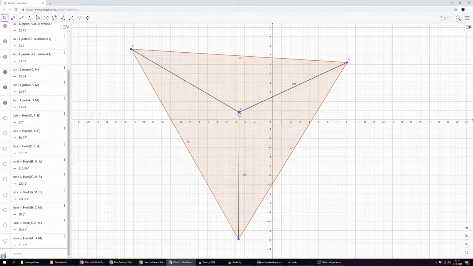Now, I have thought up a lot of different ways of trying to do this. The easiest way I thought was to do it with angles, because you have the angle for all corners, and then you also of course have these angles.